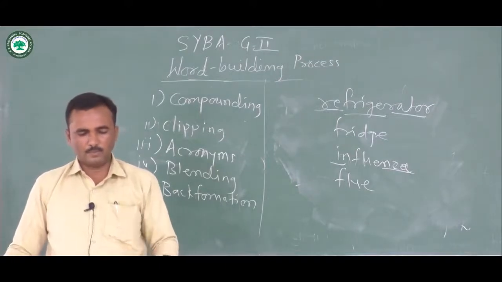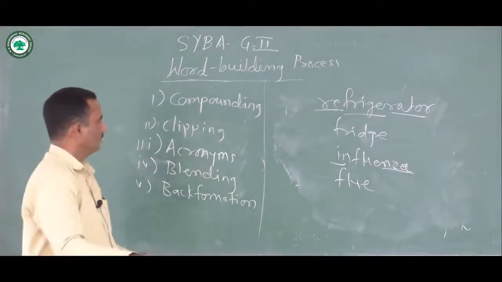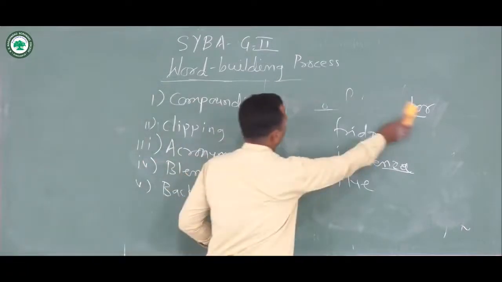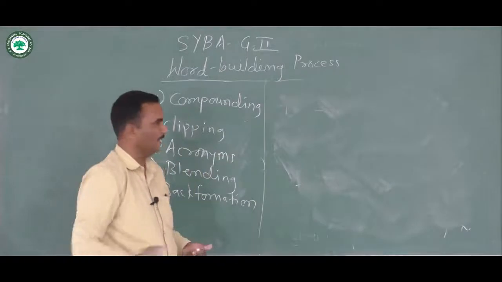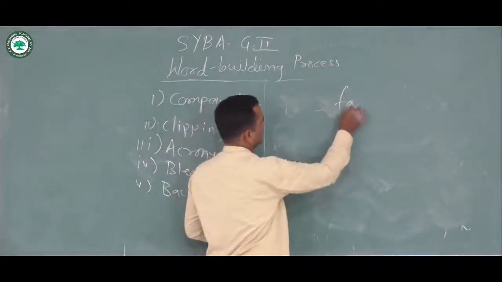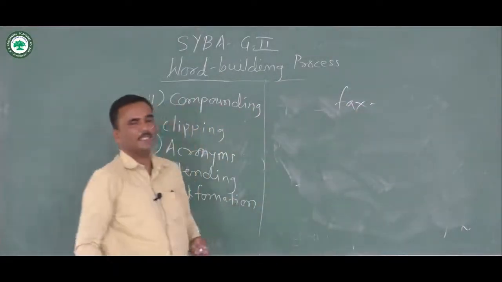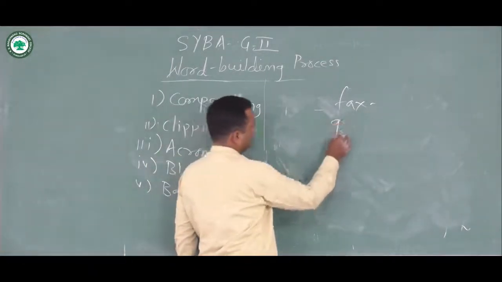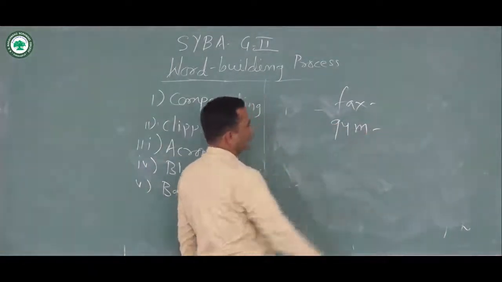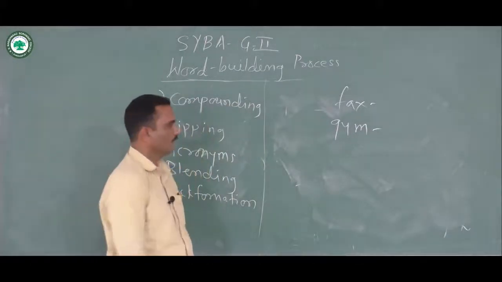So a number of words found in English are created out of the process of clipping. For example, look at the word fax. It is the clipping of facsimile. Gym is a clipping of gymnasium.